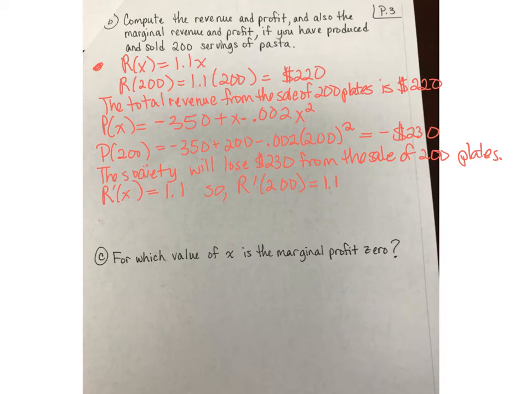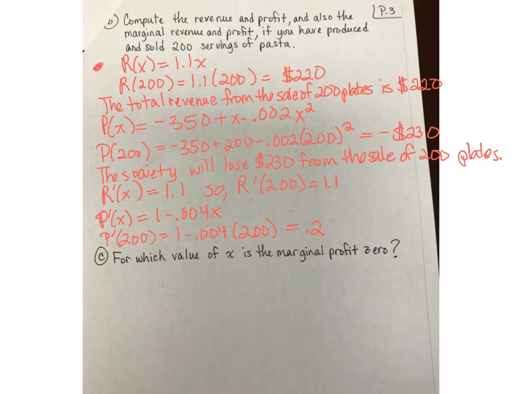Now P prime of x is equal to 1 minus 0.004x. So P prime of 200 is 1 minus 0.004 times 200. That's equal to 0.2. And that means that the approximate profit from the sale of the 201st plate is 20 cents.